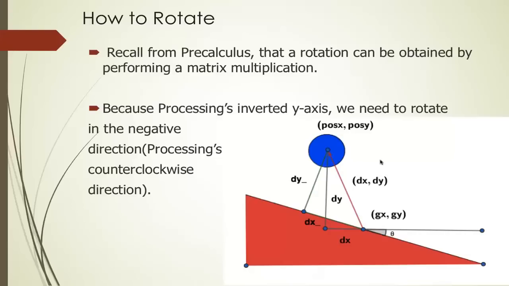If I look at this picture, notice that gx gy is here. We need to rotate around this new origin, around gx gy. If this is the angle theta, we need to rotate counterclockwise, which is the negative direction, because the y-axis is pointing down.